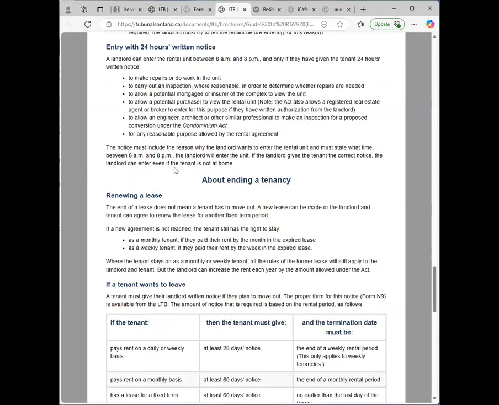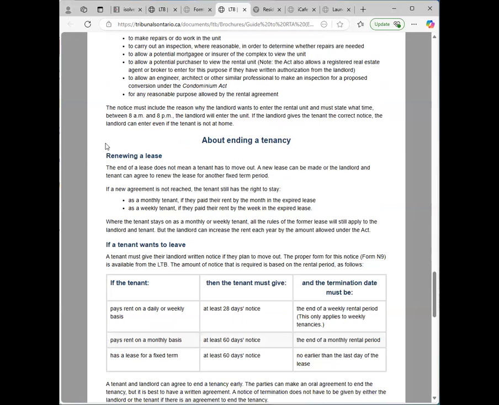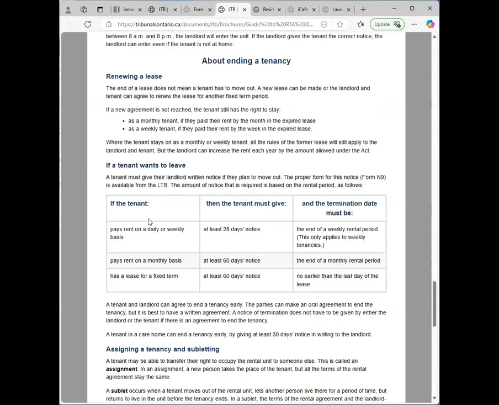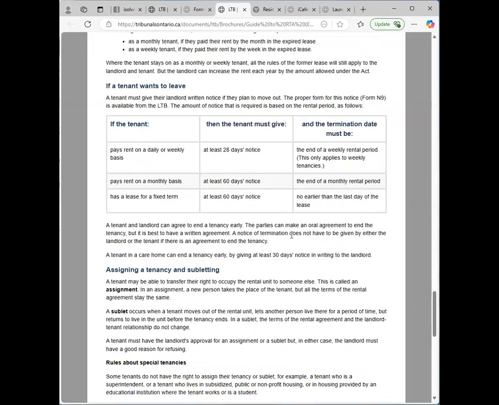About ending a tenancy, renewing a lease. If a tenant wants to leave, they've got to give a certain amount of notice. So if they pay rent on a monthly basis, they've got to give at least 60 days notice, and the termination date must be the end of a monthly rental period. That makes sense.